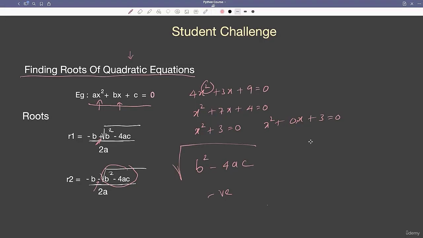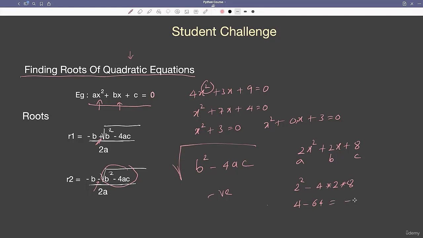For example, I take a quadratic equation 2x square plus 2x plus 8. Now what is b square minus 4ac? This is a, this is b, and this is c. So b value is 2, so 2 square minus 4 into a value, which is 2, and the c value is 8. So how much is this? This is 4 minus 64.